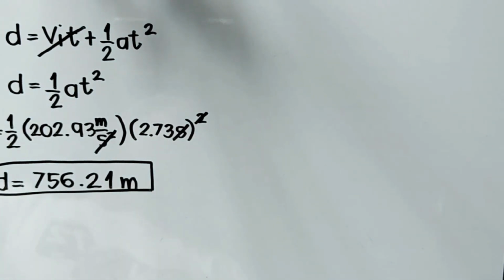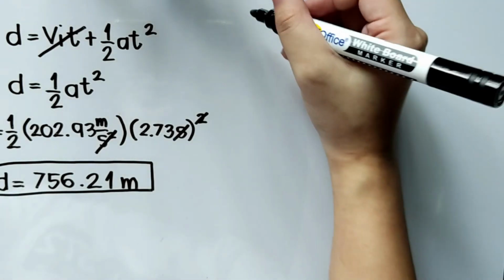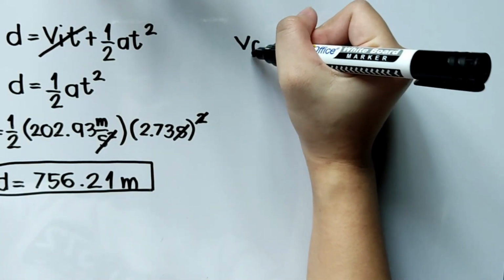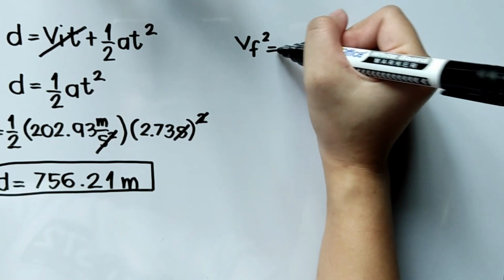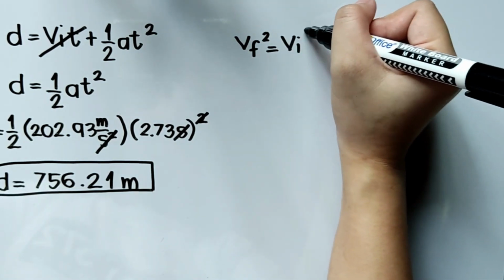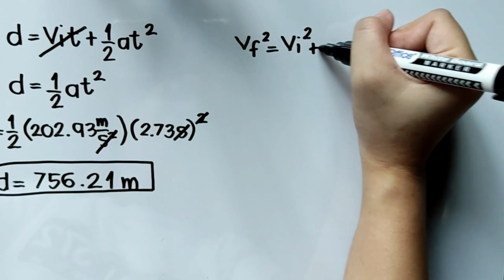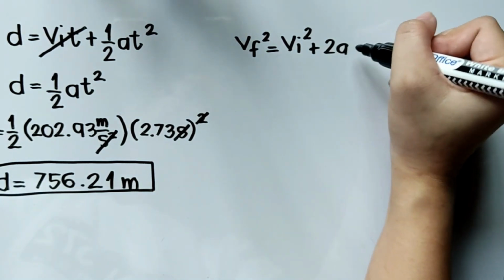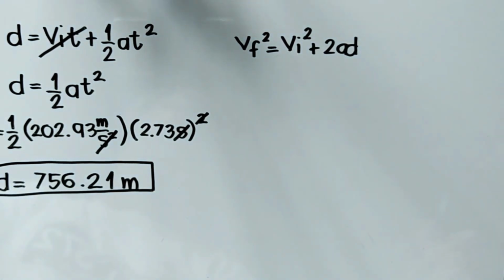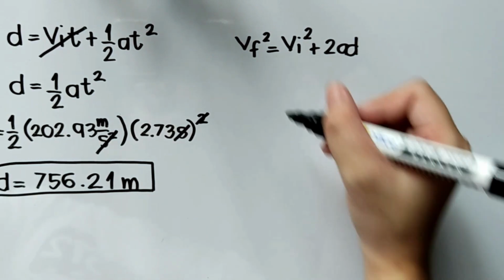Other than that, you can also get the distance in this problem by using the equation v_f squared equals v_i squared plus 2ad, since we have the given values for the formula.